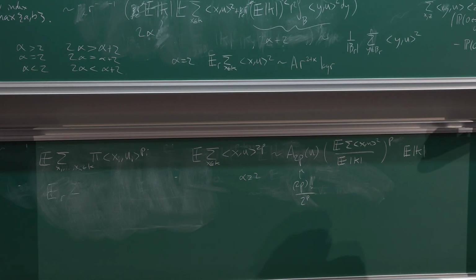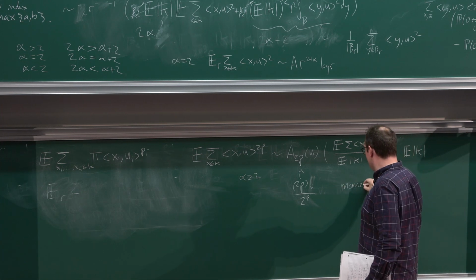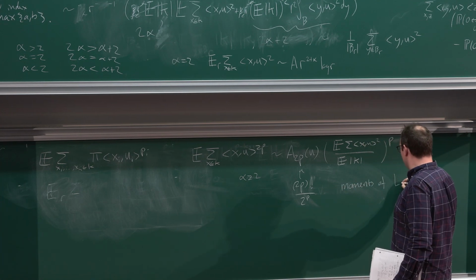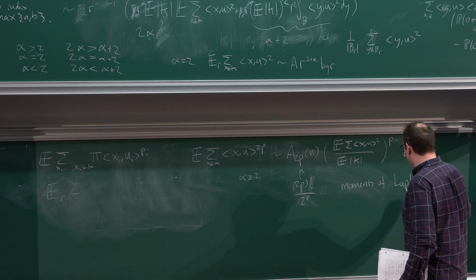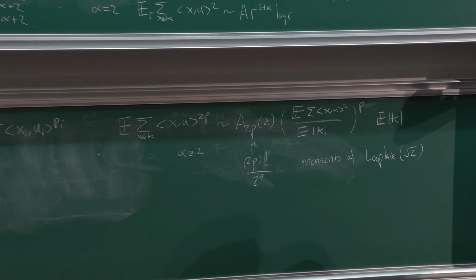Does anyone recognize these as the moments of perhaps your favorite distribution? I think this is Jim Pitman's favorite distribution. Actually, this came up a lot in Berkeley earlier this year. These are the moments of the Laplace distribution, specifically a Laplace distribution of parameter square root 2.